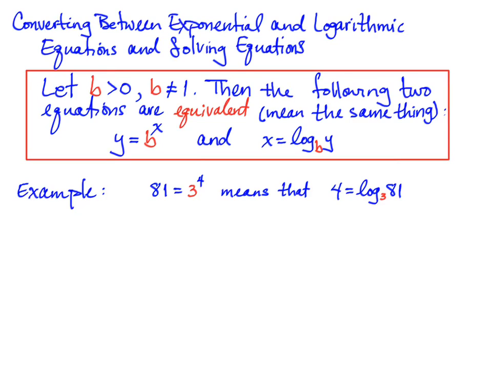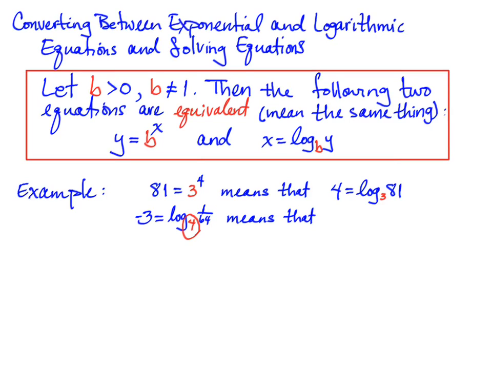All right, let's do a different one going the other way. Let's start with negative 3 is equal to the logarithm base 4 of 1 over 64. We're going to convert this to an exponential equation. That means the exact same thing. So looking at this logarithmic equation, we identify the base. The base is 4.